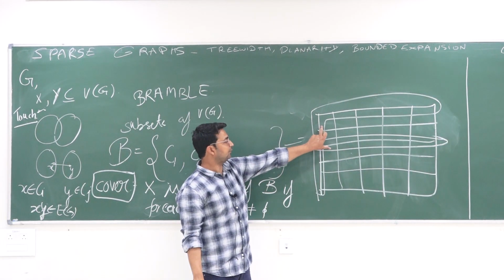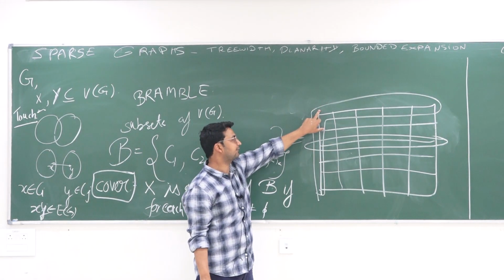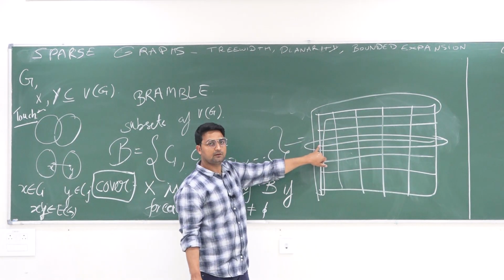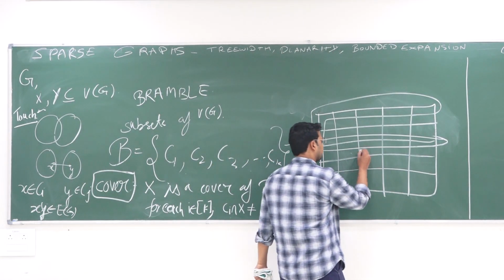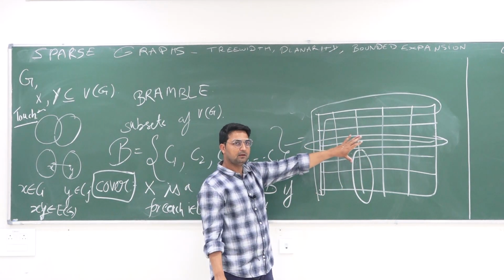So these two components are connected. This is connected in itself, this is connected in itself, and they touch each other. And this is a Bramble.